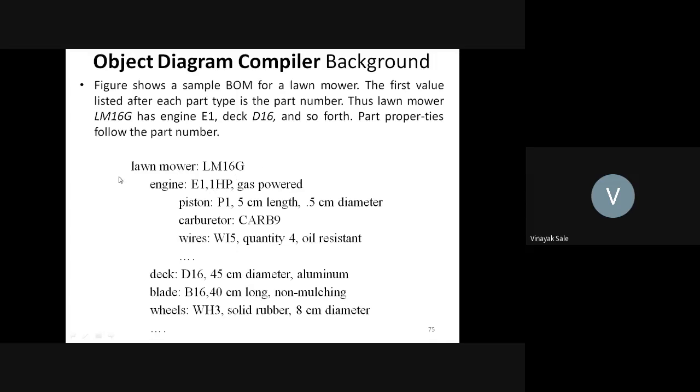Then carburetor CarB9, then wires W15 which have properties quantity 4, oil resistance and so on. This is one sample example of an engine.